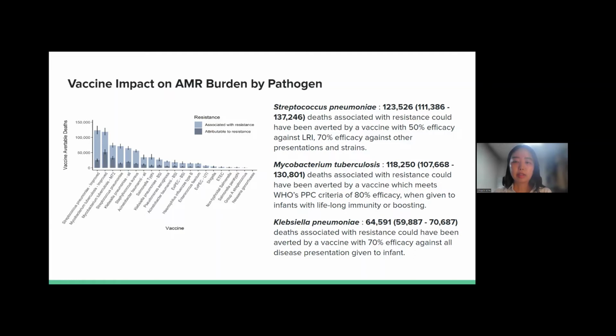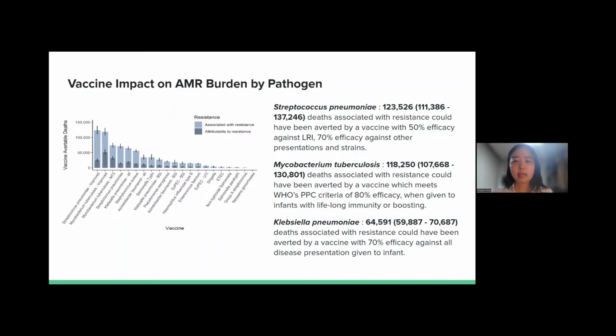when the vaccine was given to 90% of infants at the age of 6 weeks of life in 2019. And secondly, an improved Mycobacterium tuberculosis vaccine, that is the second profile of the Mycobacterium tuberculosis vaccine from the WHO's preferred product characteristics, with the criteria of 80% efficacy would avert around 118,000 deaths in 2019 when given to infants with lifelong immunity or boosting.